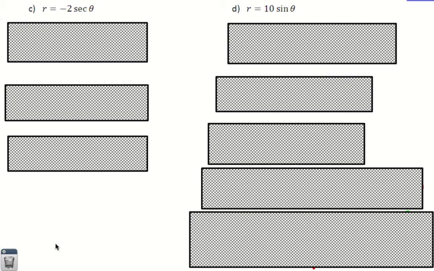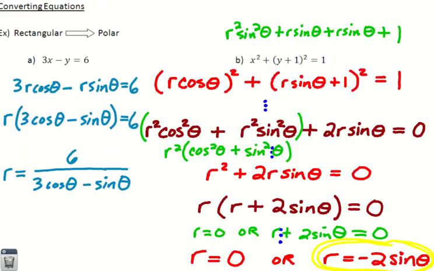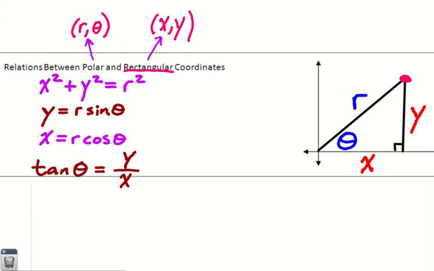Example C. r equals -2 times the secant of theta. Well, here we go. What do you think we're going to do here? I don't think we want to square both sides.